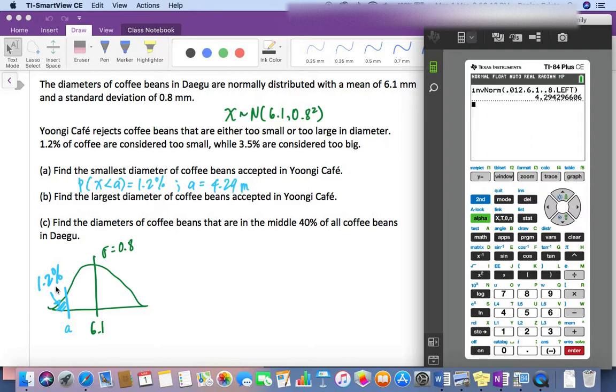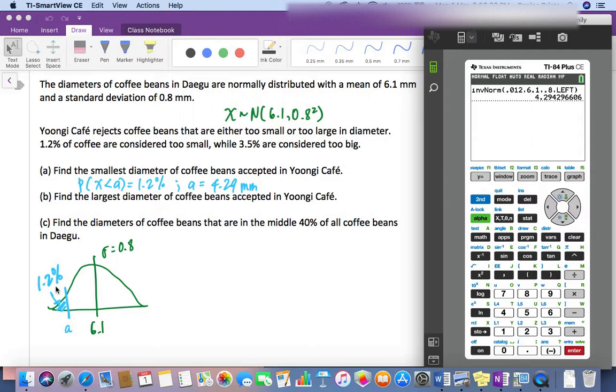That means any coffee bean whose diameter is less than 4.29 millimeters will be considered too small and will be rejected. For question B, if we want to find the largest diameter of coffee beans accepted, we are going to look at 3.5% being considered too big.